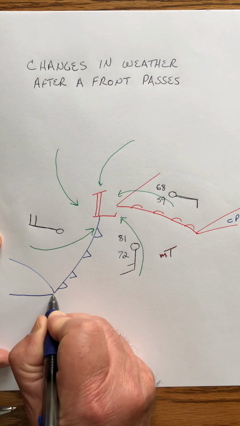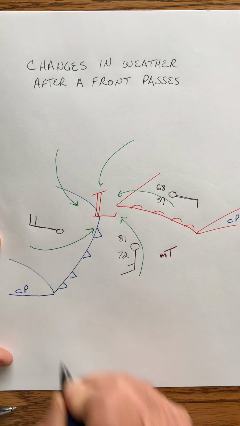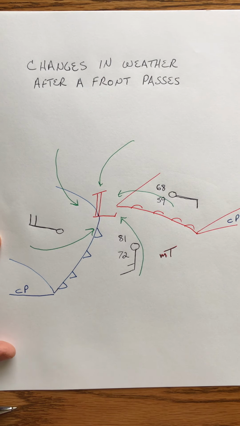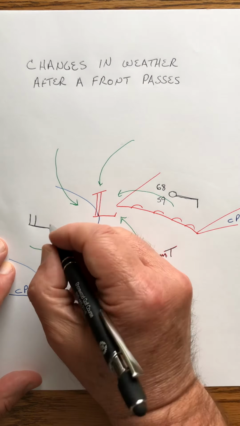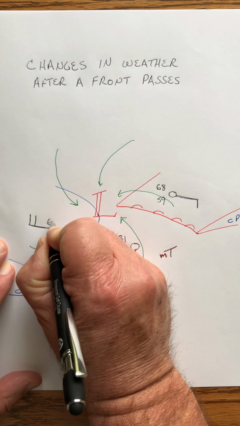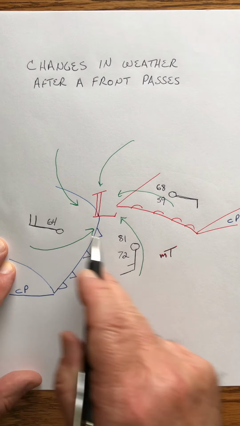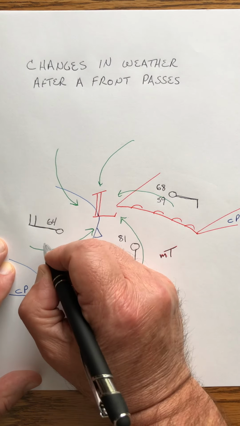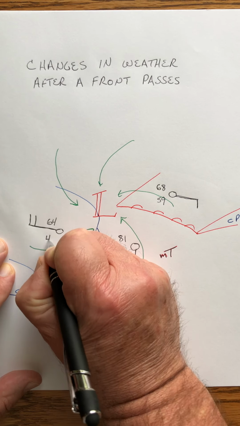If we make it 3 dimensions, like this will be continental polar air, colder, drier air. Because the cold front has already passed by, the temperature at this weather station model is going to be cooler. I'll just throw in 64 degrees. So you've had a temperature drop of 17 degrees, and perhaps the dew point temperature is 49 degrees.